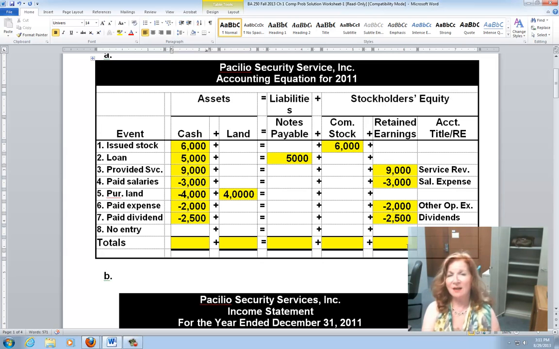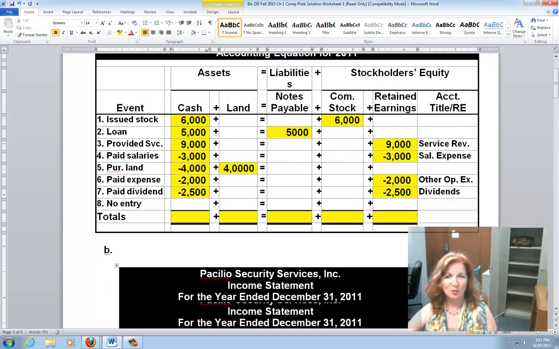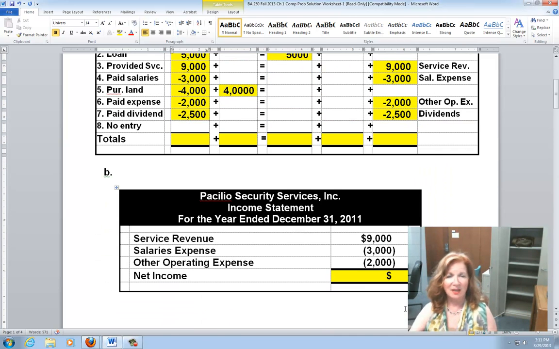Then it says our next requirement is to prepare financial statements. So if you scroll on down the comprehensive problem, you'll see that I have left the income statement here.